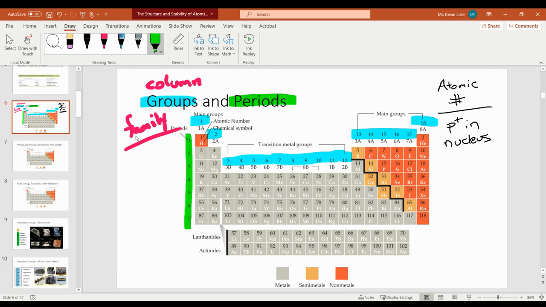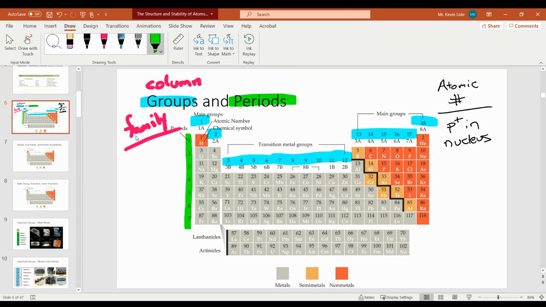And for the most part, we don't expect that the elements within a period have all that much in common with one another. They might be similar to the elements that are just adjacent to them, but otherwise, they don't have many similarities. They're just placed there based on having similar atomic numbers as we go from left to right.